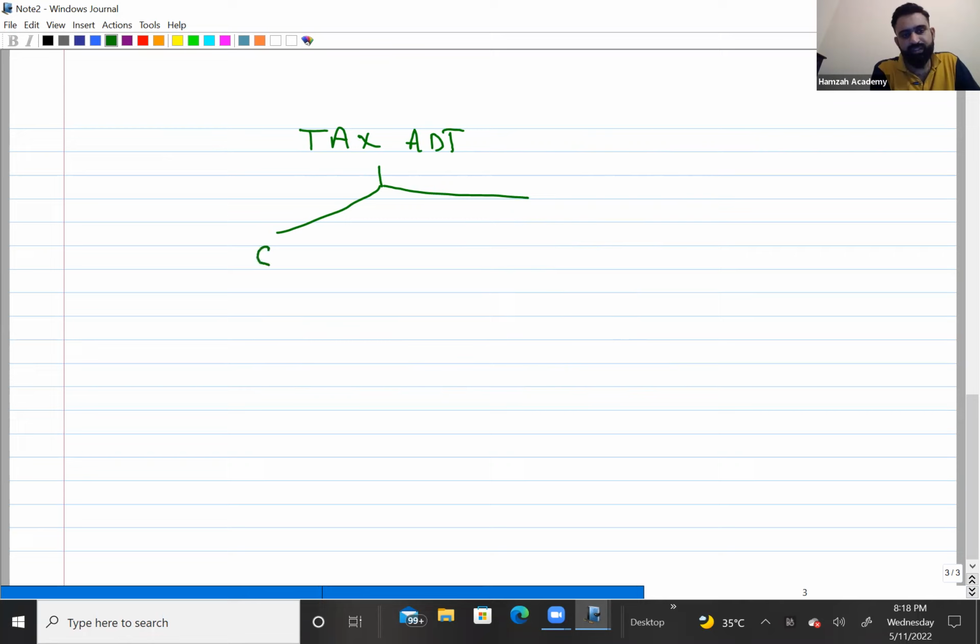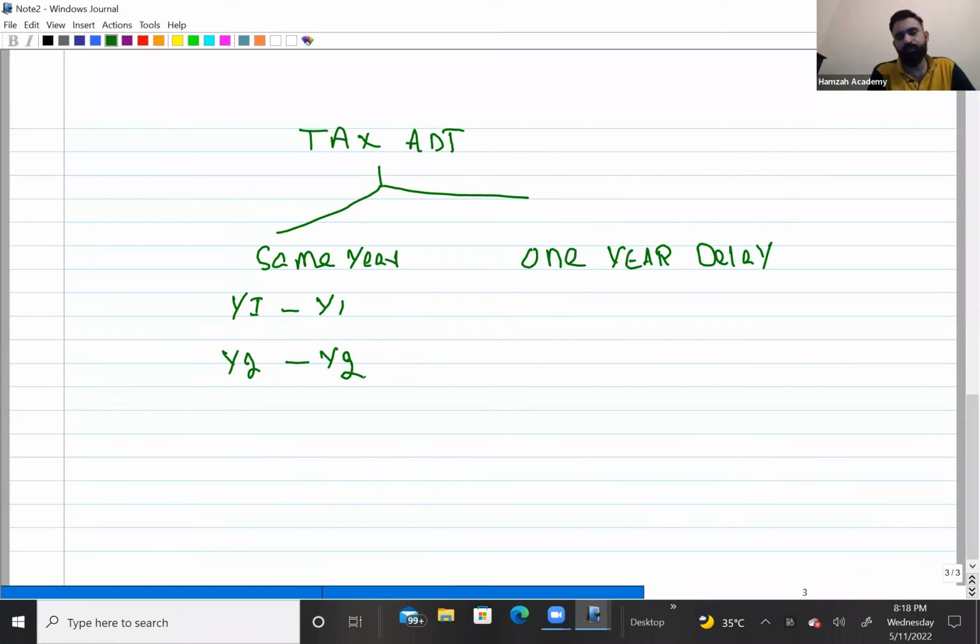One is same year, and the second is tax with 1 year delay. Same year means that tax of year 1 will be paid in year 1, tax of year 2 will be paid in year 2, tax of year 3 will be paid in year 3, and the tax of year 4 will be paid in year 4.